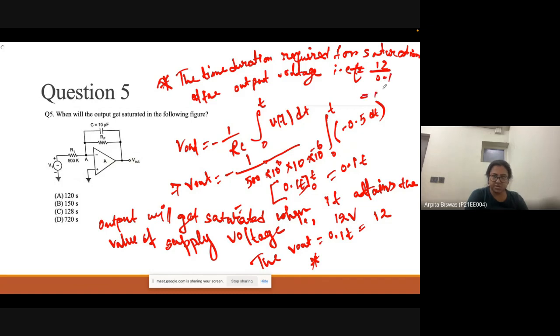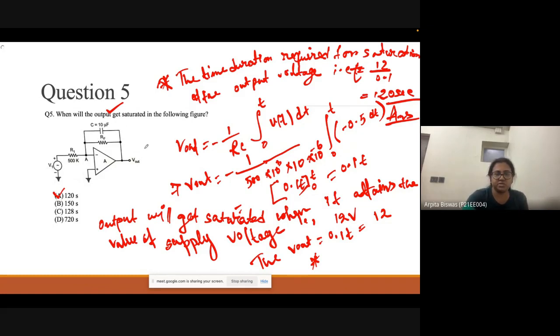What is the value of it? 120 seconds. So this is the answer. So at 120 seconds, this circuit output gets saturated. The right option is option A, 120 second.